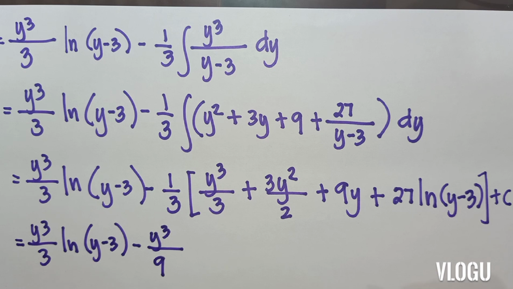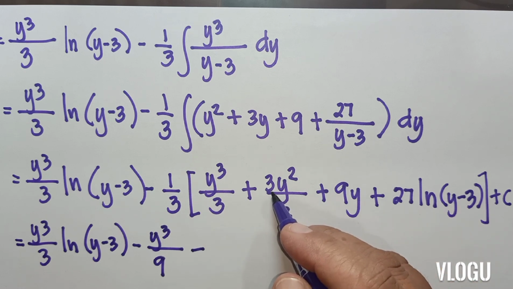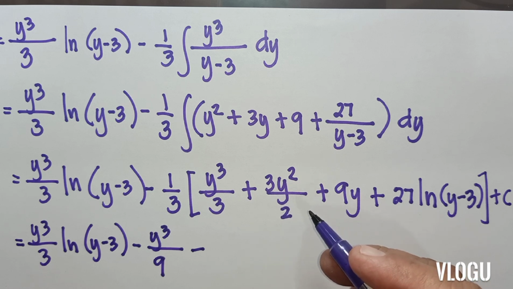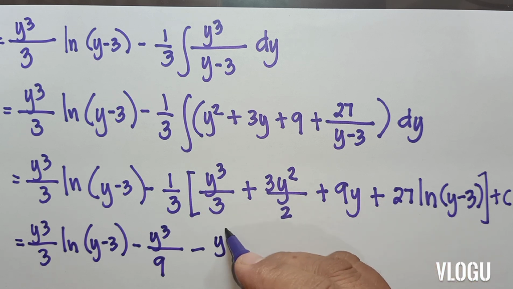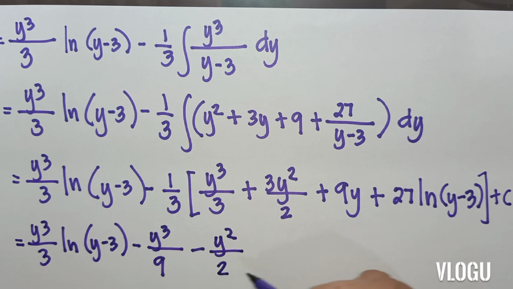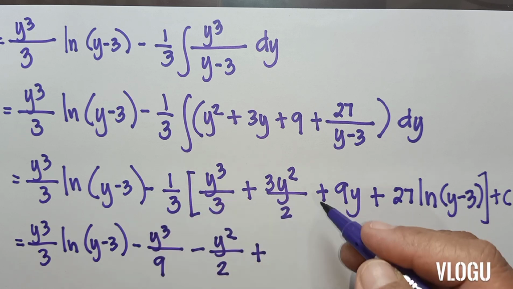Multiply by 1/3, and then minus, multiply 1/3, so we cancel out the 3. We will have y squared over 2, oh sorry, this is negative.